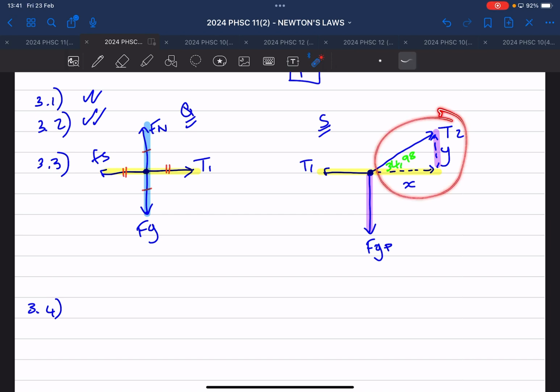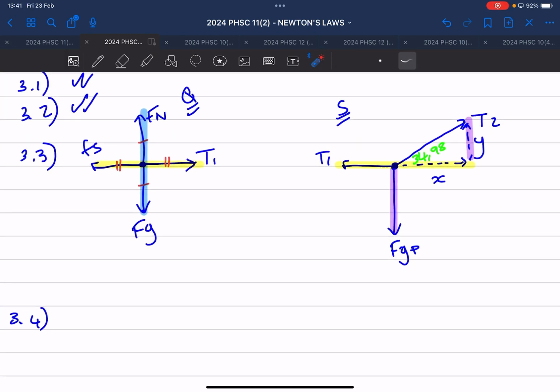But what color did I highlight it? I highlighted it yellow. This one is yellow. And we just said they must be the same size. Do we have T1? No. Okay, let's check. Here I have T1, and this one is the same size as this one. And they gave me this to be 171.5 newtons.